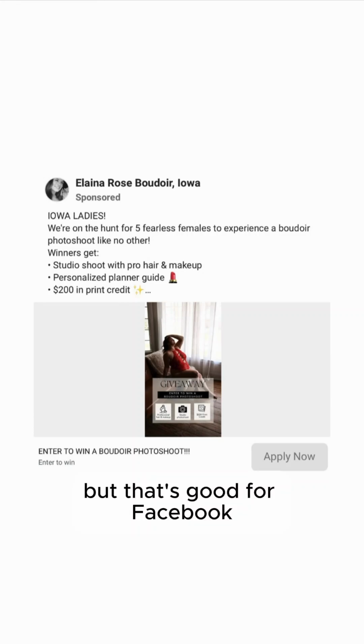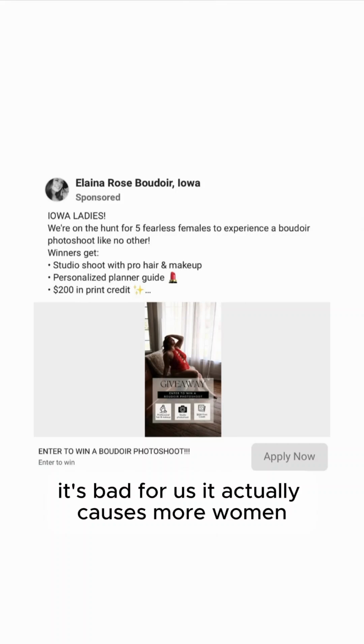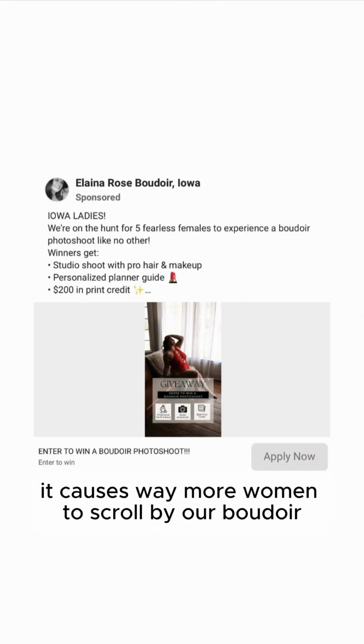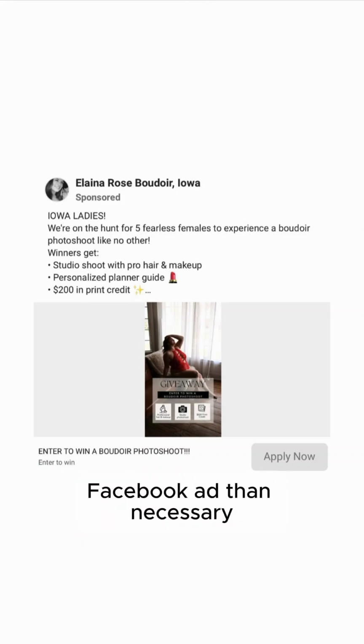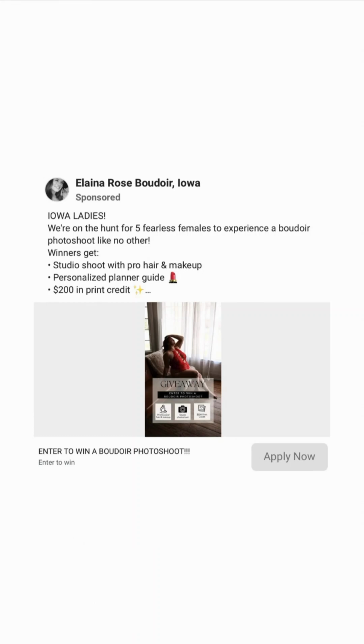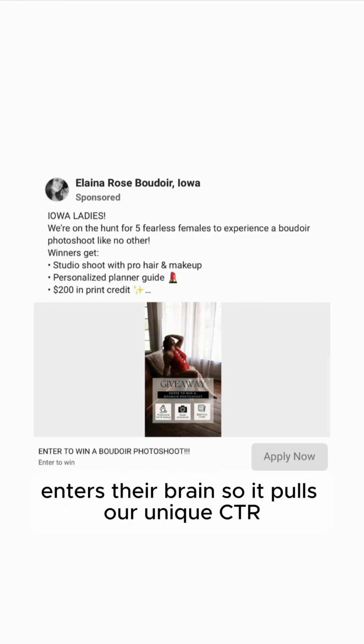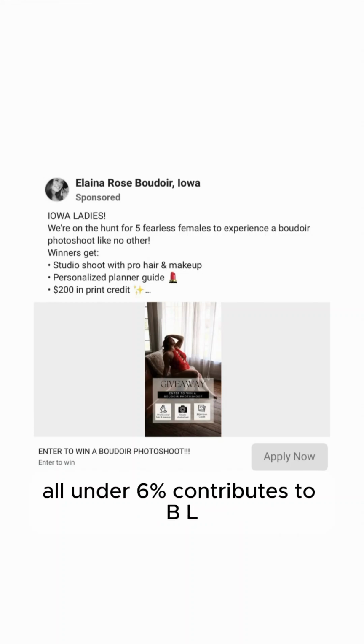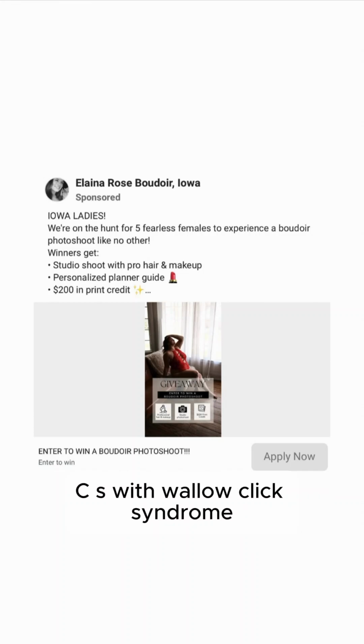But that's good for Facebook. It's bad for us. The consequence is it causes way more women to scroll by our Boudoir Facebook ad than necessary. We literally waste serving up those impressions because the women are just going to scroll by, our ad never enters their brain. So it pulls our unique CTRL under 6%, contributes to BLCS, Boudoir low click syndrome.